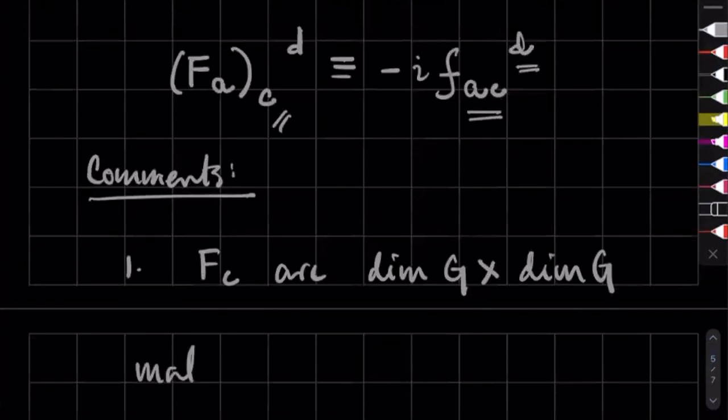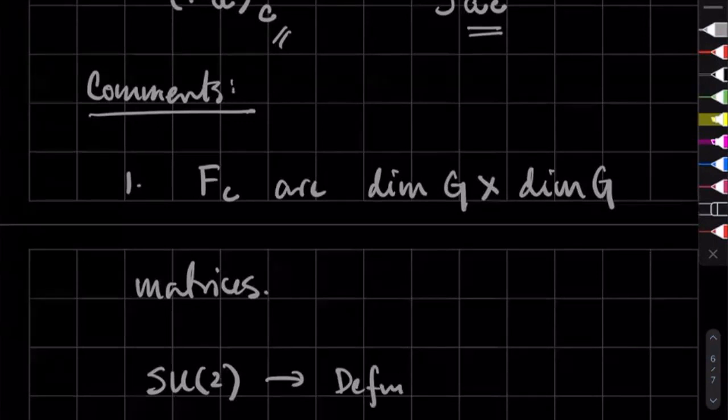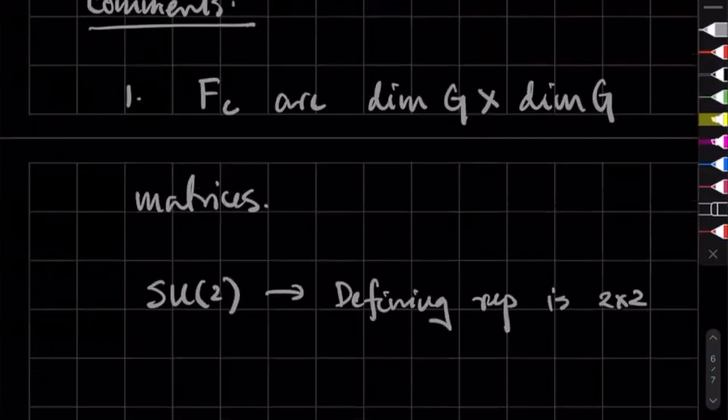So if I were to take, say, SU2, the defining representation is 2 by 2 dimensional matrices, right?